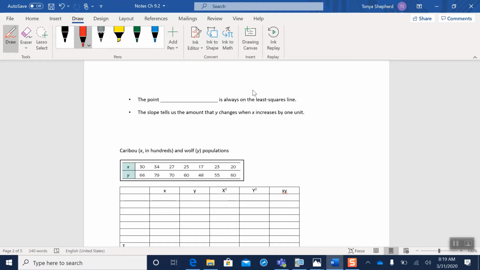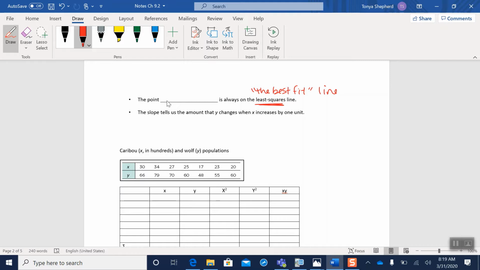You're going to see the best fit line also referred to as the least squared line because it's minimizing the squared distance between the points on your graph and the line that you're choosing as the best line. And there's always one point that has to be on there. So when you're graphing your line, this is really important because this is one of the points that you're going to use to graph that line very quickly and easily.